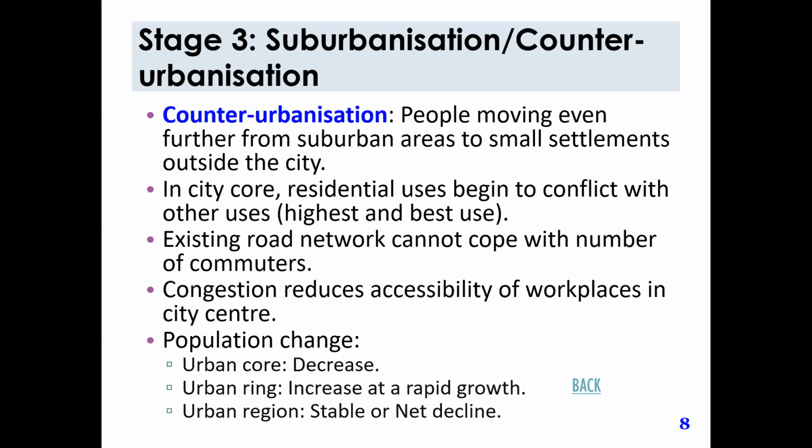Pay attention. So in the city core, the residential users begin to conflict with other users. This is according to the highest and best use principle, okay? Highest and best use principle, whereby you want to obtain the optimum return, not the highest return, the most optimum return on the site, which is legally permissible, financially feasible, and the last one, physically possible.